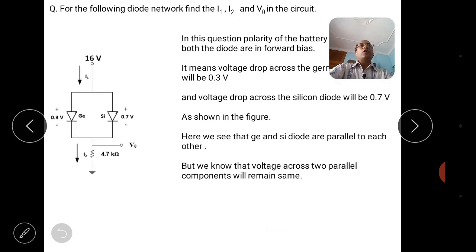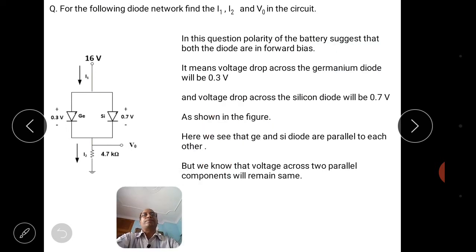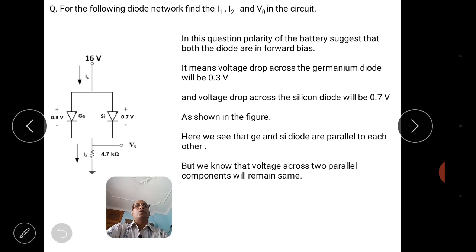For the following diode network, we have to find I1, I2 and V0 in the circuit diagram. In this question, polarity of the battery suggests that both the diodes are in forward bias condition. It means voltage drop across the germanium diode will be 0.3 volt and voltage drop across the silicon diode will be 0.7 volt, as shown in the figure.